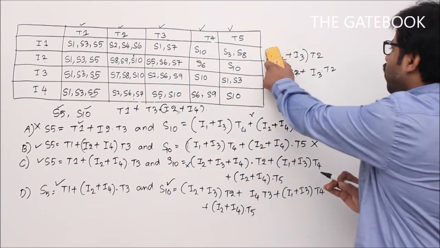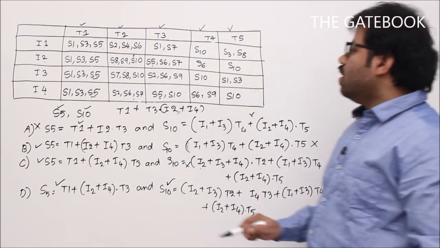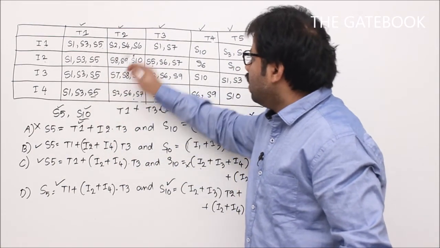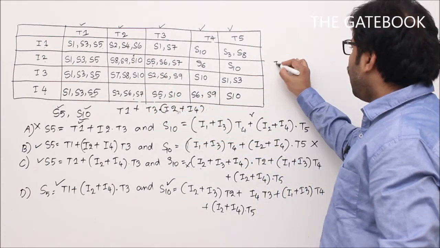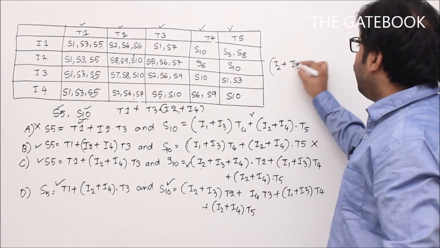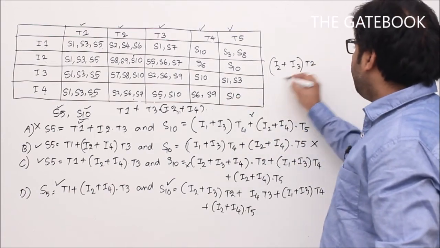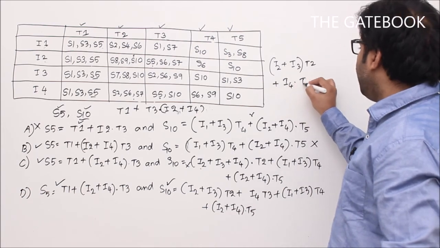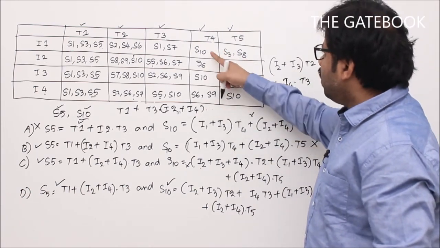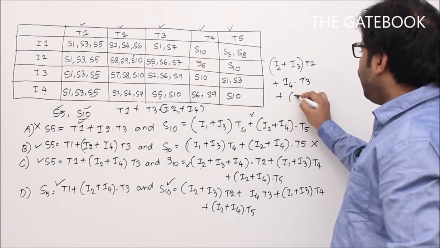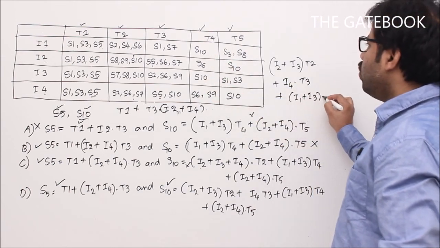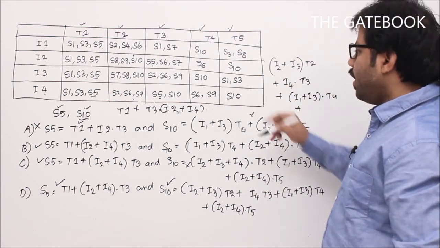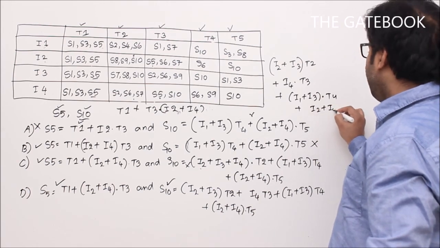Let us write it completely. Now we have confidence in how to write the equation. For S10: I2 plus I3 into T2, plus, in the T3 line, only I4, so I4 into T3, plus, in the T4 line, I1 and I3, so I1 plus I3 into T4, plus I2 plus I4 into T5.